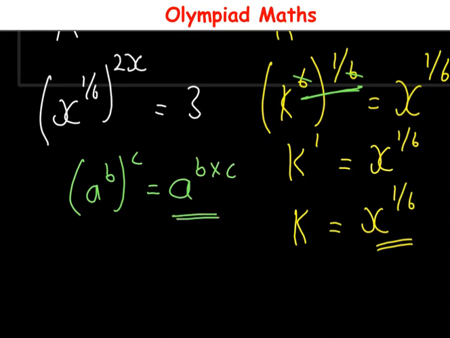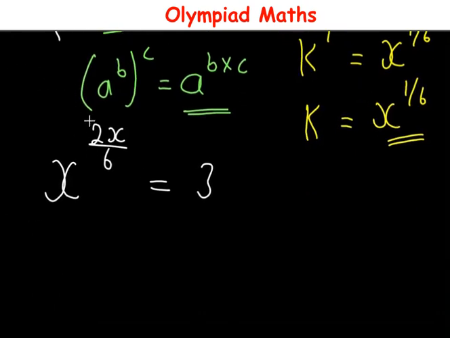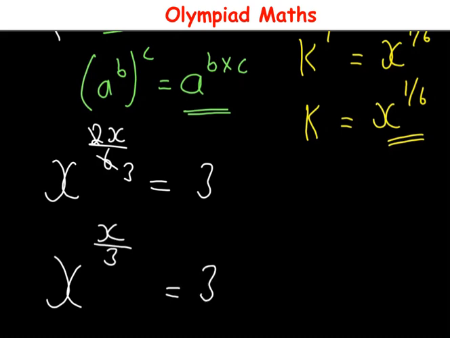Applying this rule, power 1 over 6 will multiply 2x, so we have x raised to power 2x over 6 is equal to 3. With this, 2 divided by 6 gives 3, so we have x raised to power x over 3 is equal to 3.